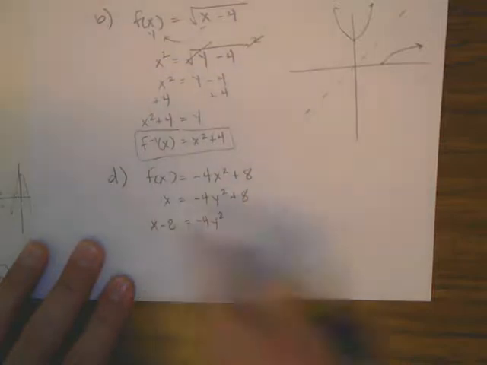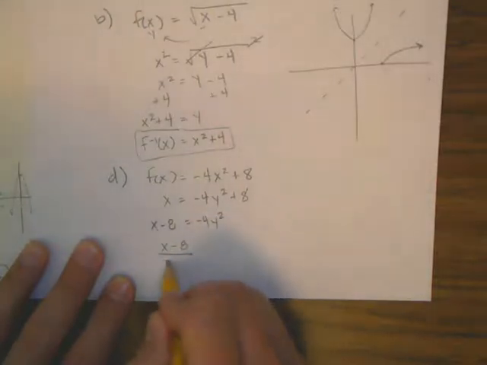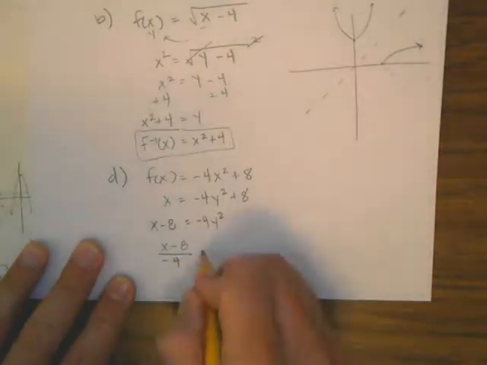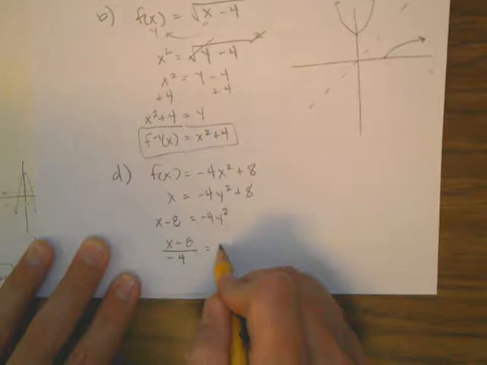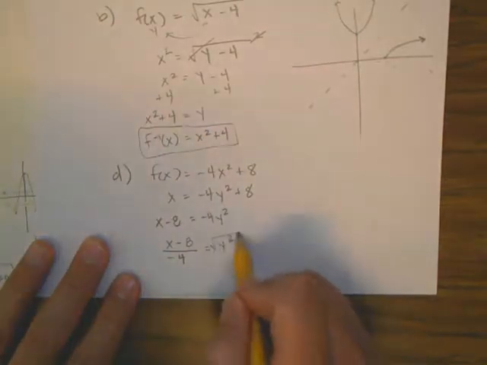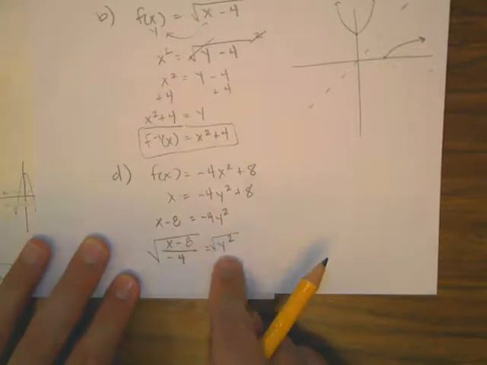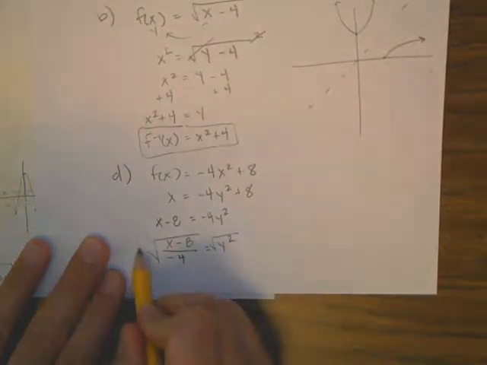Divide both by negative 4 and we get x minus 8 over negative 4, we'll fix this in a minute, equals y squared. And then this is the new algebra step. Square root of both sides. Algebraically, you would have to put this plus or minus here. We'll come back to that in a minute.